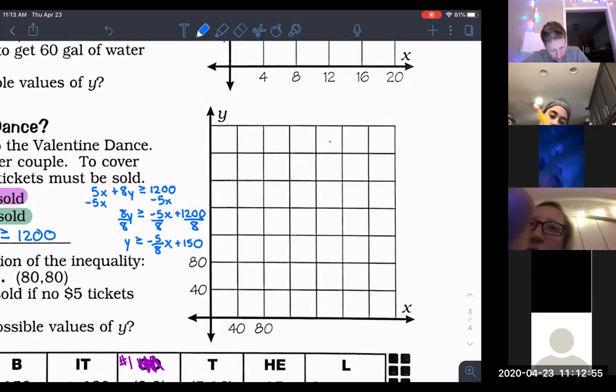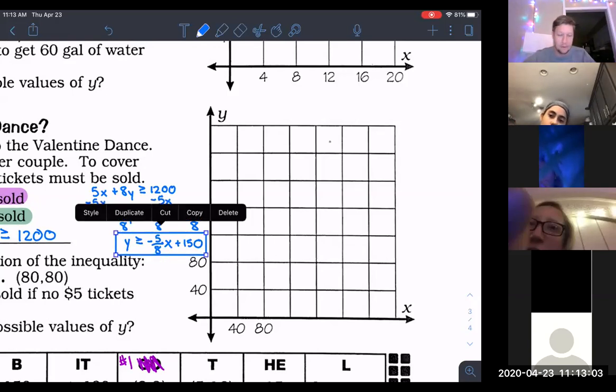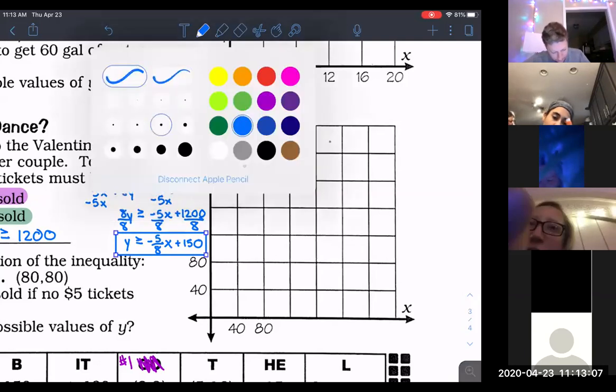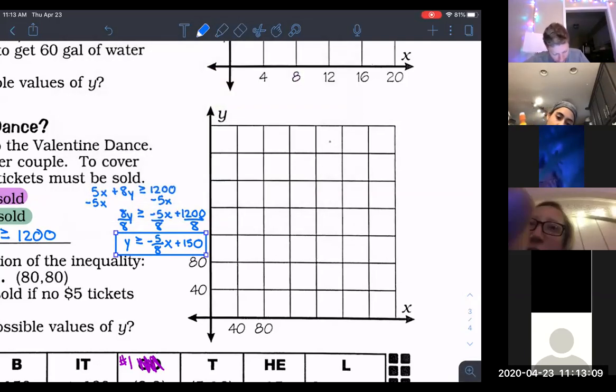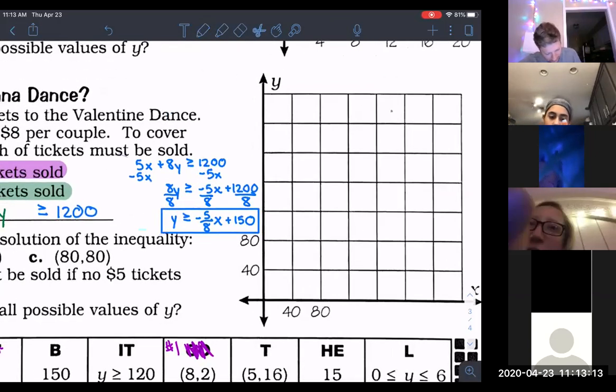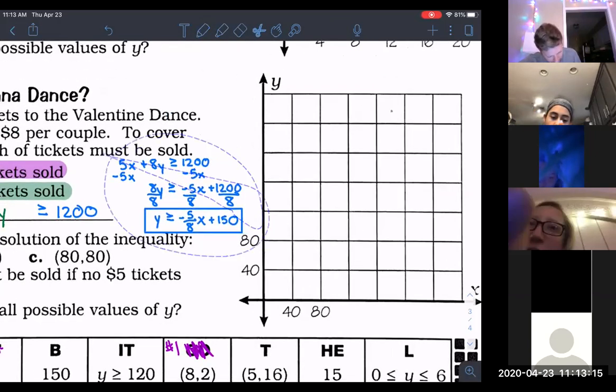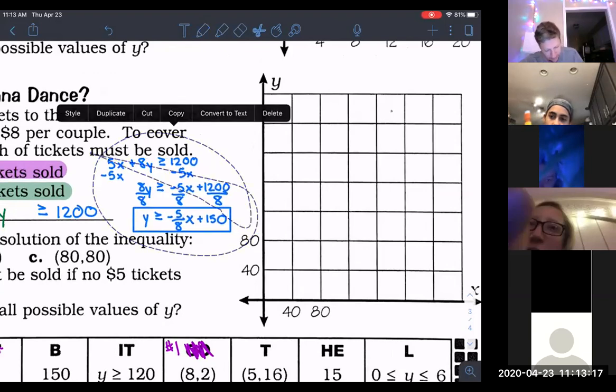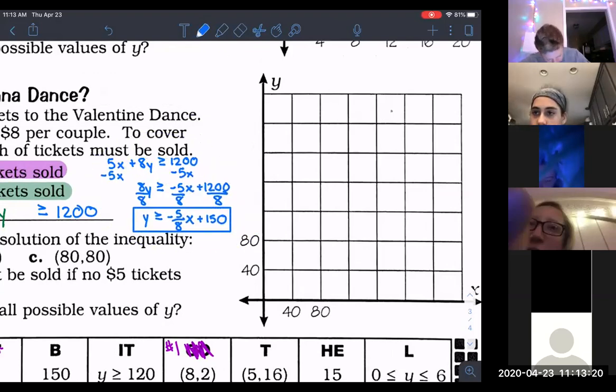All right. Okay, so we got our equation. Now let's graph it. All right, so we start by graphing the boundary line. We have our inequality, but when we graph the boundary line, we want to treat it like an equation. So we start at 150. And let me move this out of the way because it's kind of getting in the way of my scale here. Notice they didn't do all the numbers for you, so you might want to throw that in.